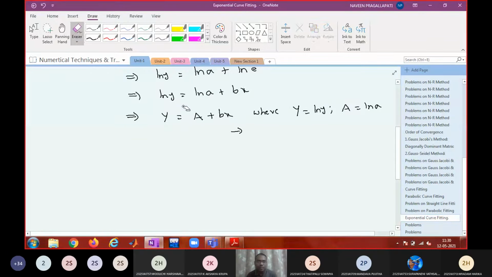So write down the normal equations for equation 2.